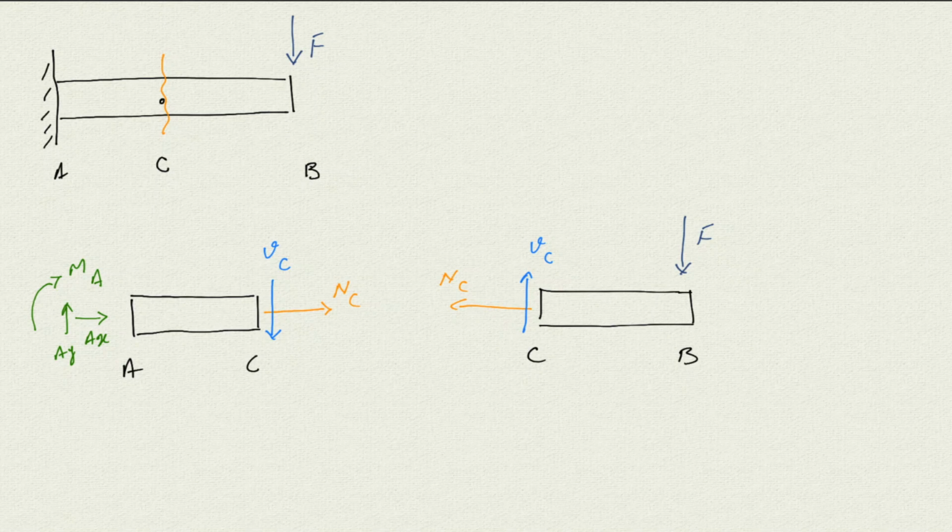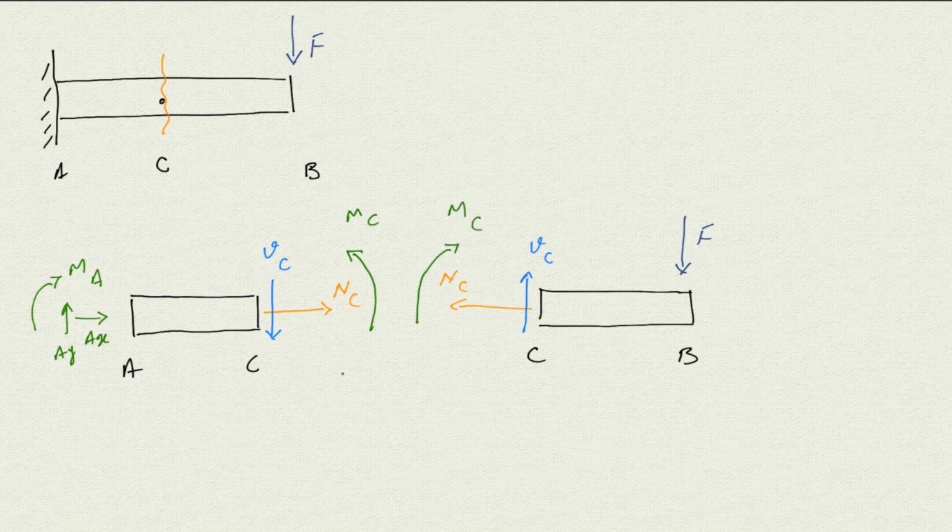And for bending moment, when we say the bending moment is positive or the bending moment is negative, it would be positive if we have it like that. So if we have M like that, they are considered positive.